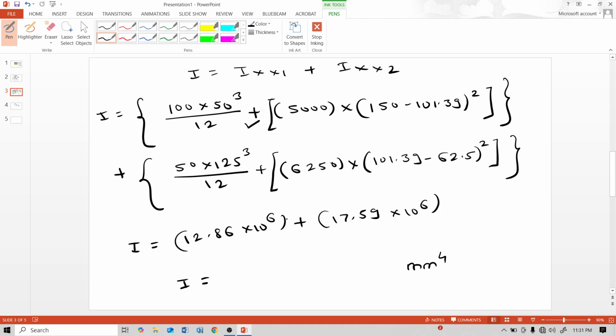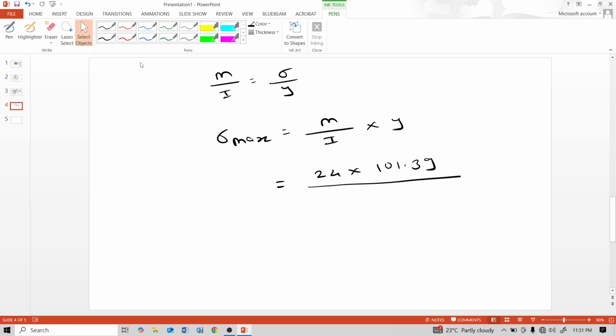So the correct moment of inertia is 12.86 plus 17.59, that means 30.45 into 10 raised to 6. Why was our last moment of inertia calculation wrong? Because in the calculator I put a multiply sign here instead of a positive sign. The correct moment of inertia is 30.45 into 10 raised to 6.